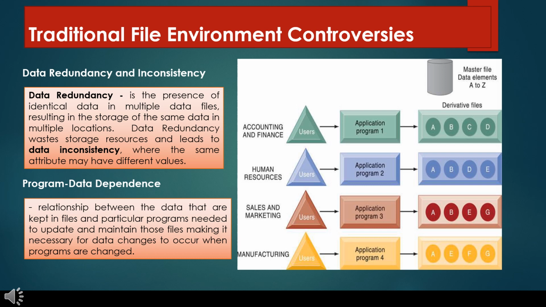Any modification to a software program in a conventional file environment could need a change in the data that program accesses. A 5-digit zip code could be changed to a 9-digit zip code with one program. Other programs that require the 5-digit zip code would no longer function properly if the original data file were altered from 5 to 9 digits.